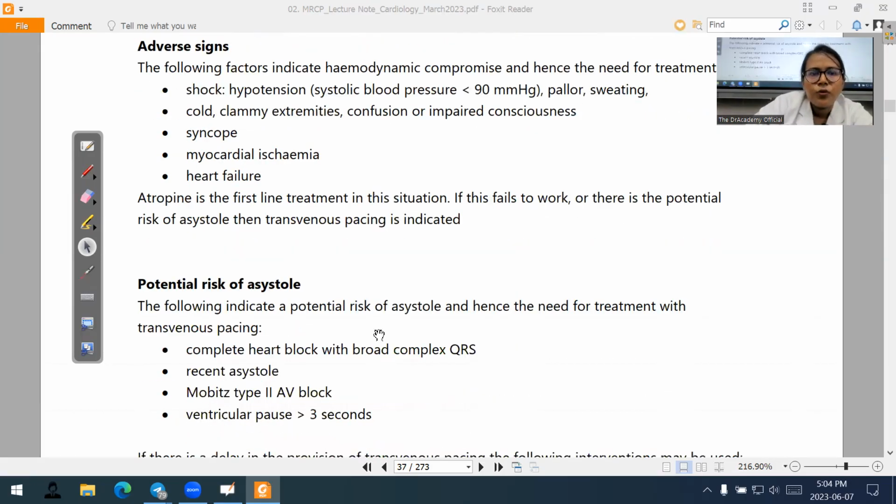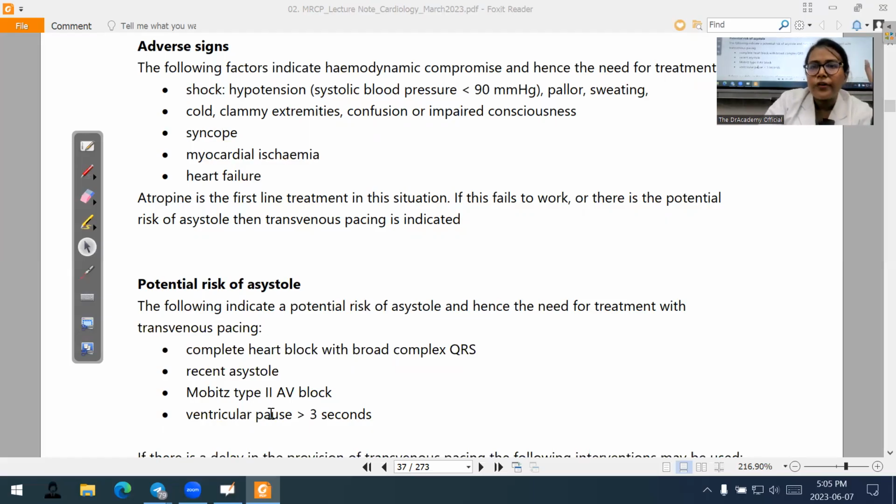So what are the potential risks of asystole, when a person with bradycardia features can develop pulseless electrical activity or asystole? For example, complete heart block with broad complex QRS, that is one. Number two, if there is a recent asystole, it can cause another asystole. So that's another important risk factor. And number three is Mobitz type 2 AV block.